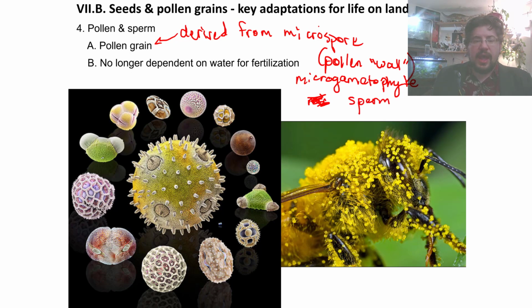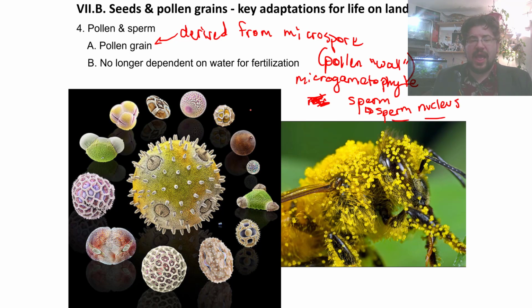Right? So, for every microsporocyte, we get 4 microspores, and all 4 of those microspores have the pollen wall and their own microgametophyte, and they produce sperm. And that sperm is in the form of a sperm nucleus. Right?